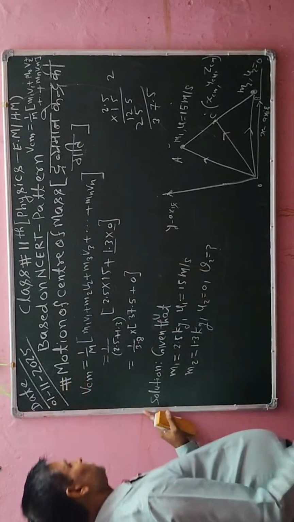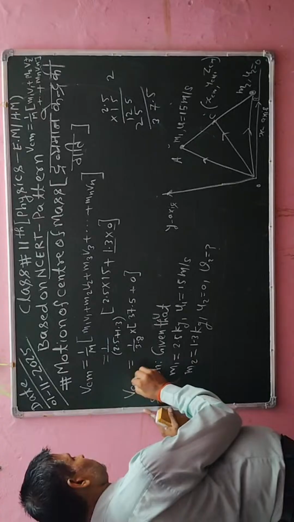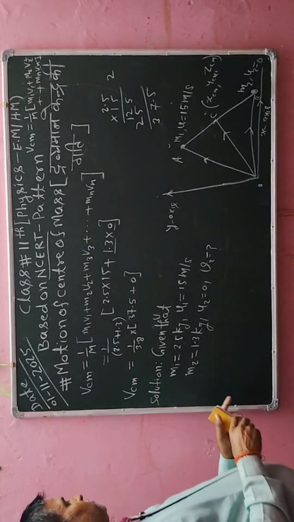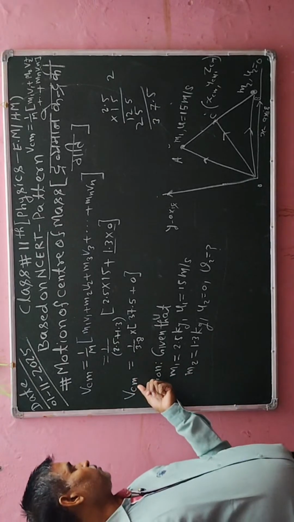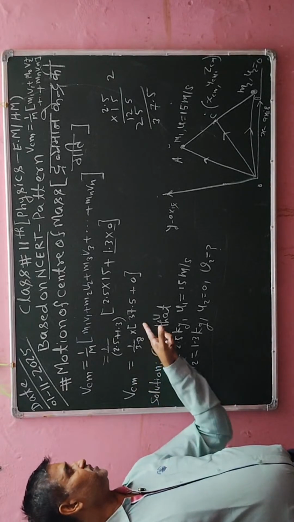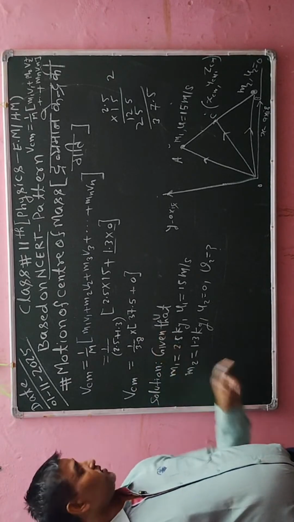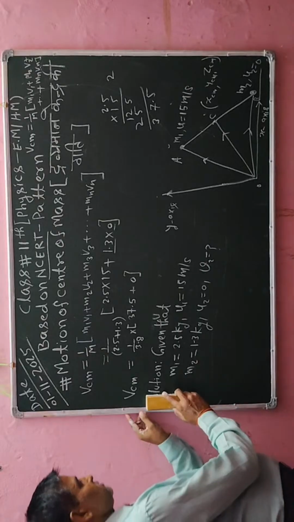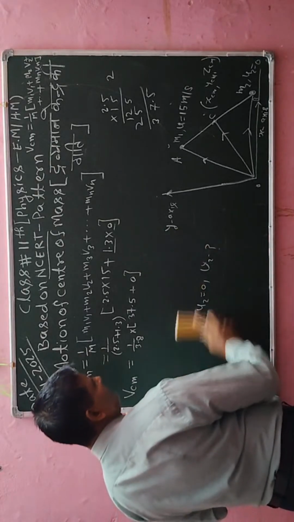Okay, student, I have to calculate this velocity of center of mass of two objects that is given here. Okay, now below data I will erase for further simplification.